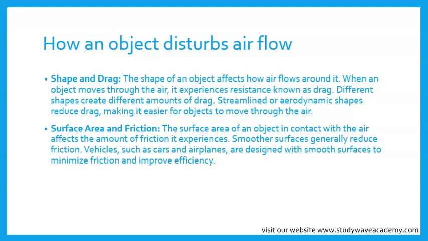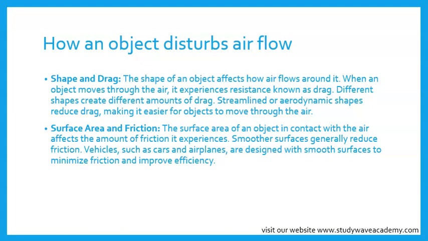Surface area and friction. The surface area of an object in contact with the air affects the amount of friction it experiences. Smoother surfaces generally reduce friction. Vehicles such as cars and airplanes are designed with smooth surfaces to minimize friction and improve efficiency.